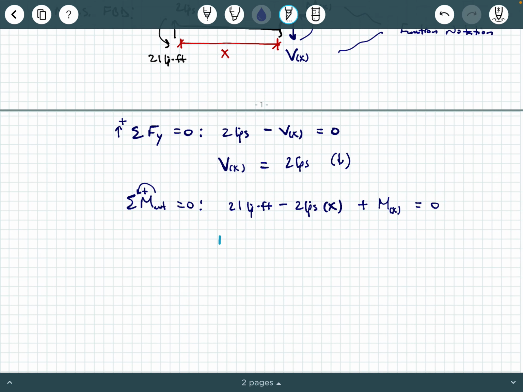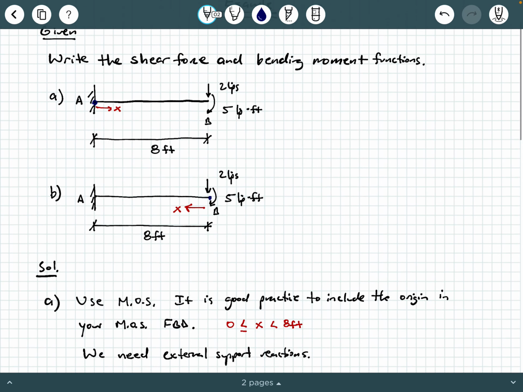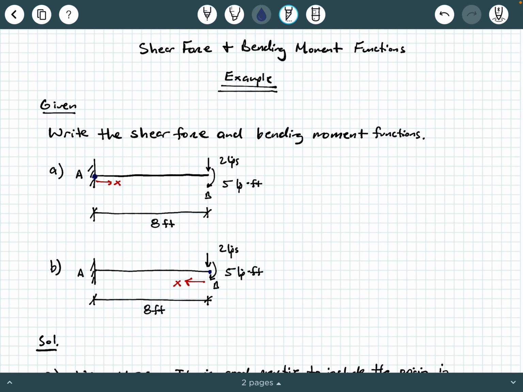Rearranging some of these terms, we get M as a function of x equals 2x minus 21, and collectively this function carries units of kip feet. So here are 2 functions, and that summarizes our complete answer for part A, with the origin taken as the fixed end at A.